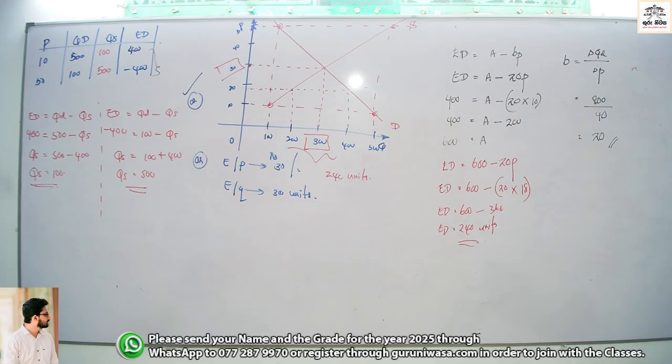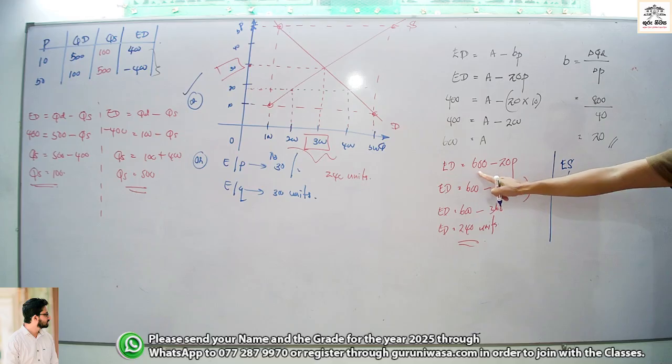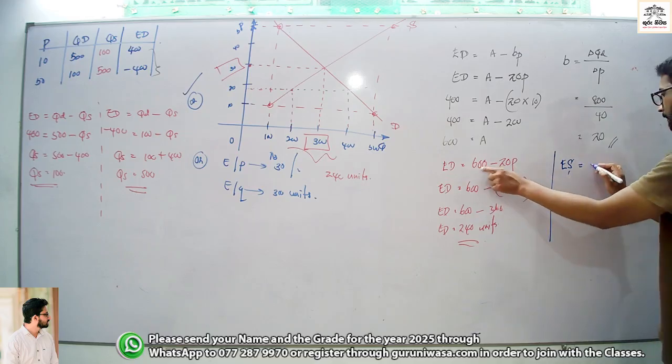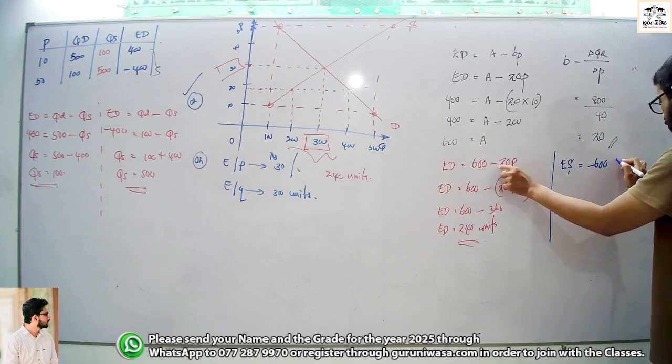Then they ask you to calculate excess supply at which price? 35. Okay, no need to derive your excess supply equation. Because if this is 600 minus 20p, excess supply is minus 600 plus 20p.